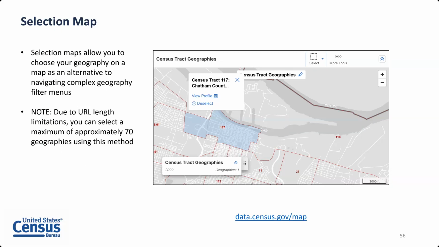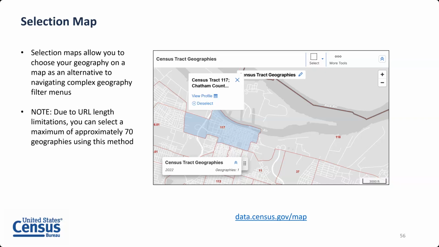This is particularly helpful for areas where maybe you don't know offhand which geography selection you need. I use this frequently for census tracts in other areas where I'm familiar with the area, but not sure which of the geography from the list that I need.